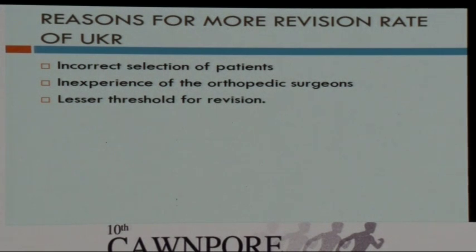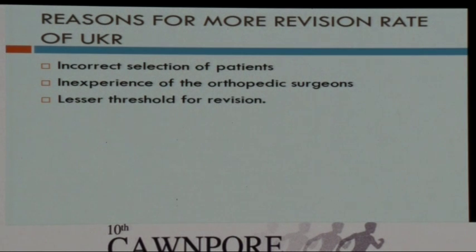So when we think about more revision rate for UKR as compared to TKR, we need to know the reasons why the revision rate is more. It's not just in India, but all over the world, people are talking about increased revision rate, almost twice or 3 times as much for UKR as for TKR.